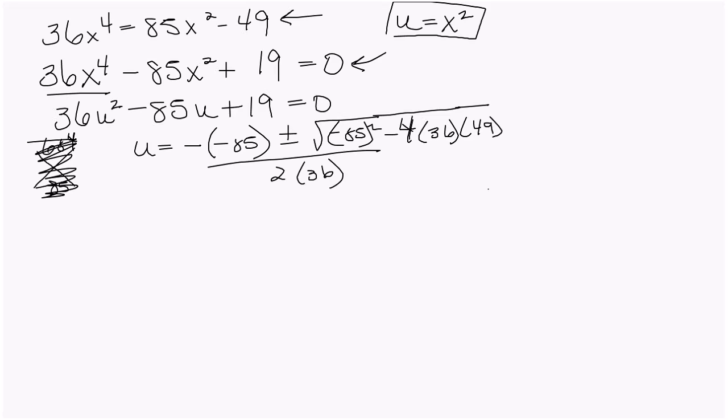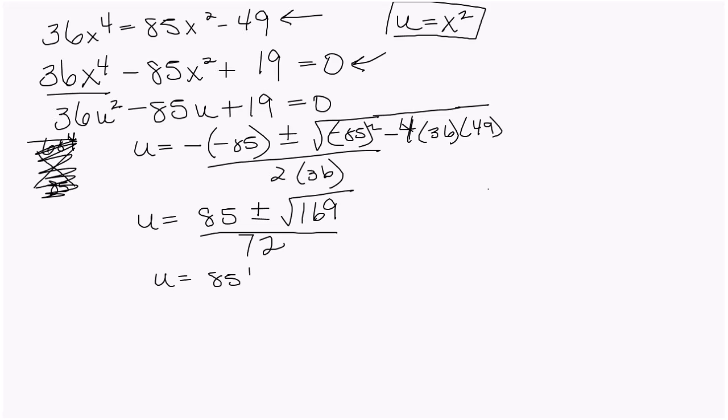Eventually what you get when you do all the calculations for this is u is equal to 85, because negative negative 85 is positive 85, plus or minus the square root of 169. So the discriminant is positive 169, all over 2 times 36, which is 72. And the square root of 169 is 13. So u is equal to 85 plus or minus 13 over 72.